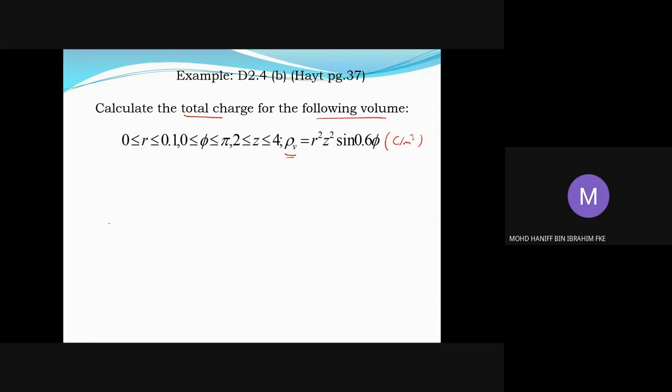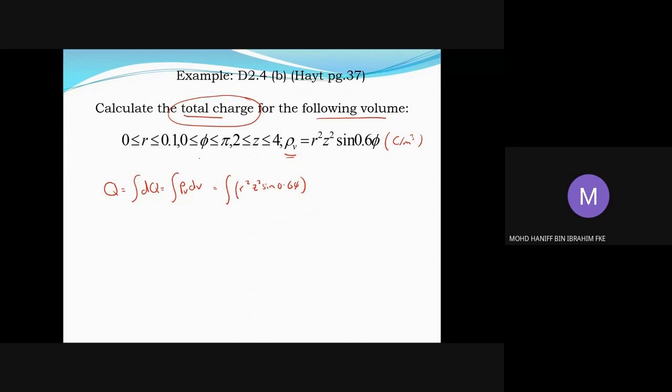From here we can calculate the total charge as requested, by integrating dq. For volume charge, the charge element dq equals rho v dv, with rho v given as R squared Z squared sin 0.6 phi, and we need to define the dv.